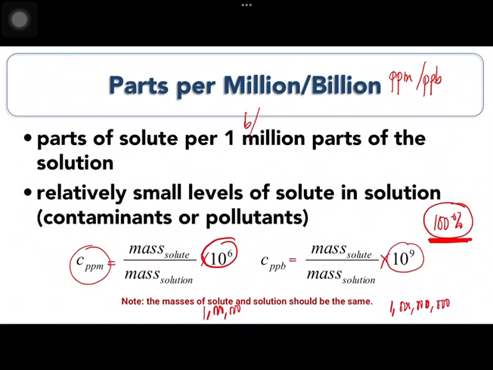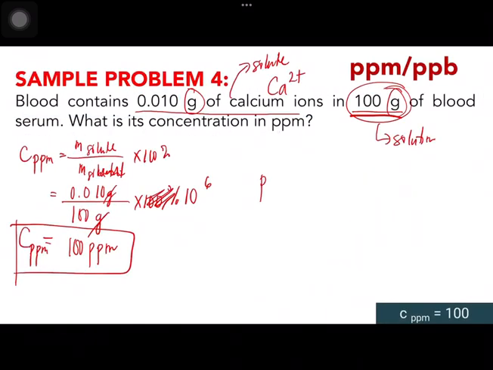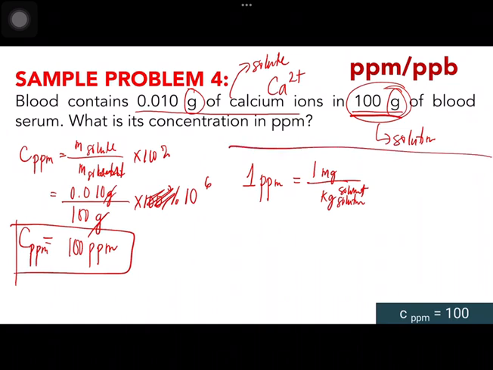Okay, something was missing in our slide: we can also express ppm in equivalent terms. 1 ppm is equal to 1 microgram per kilogram of solution, or in other books, they use solvent. Imagine, it's so dilute that it's almost just water or almost just solvent. So, please remember, 1 ppm is equal to 1 milligram per kilogram of solvent or 1 milligram per liter of your solvent.